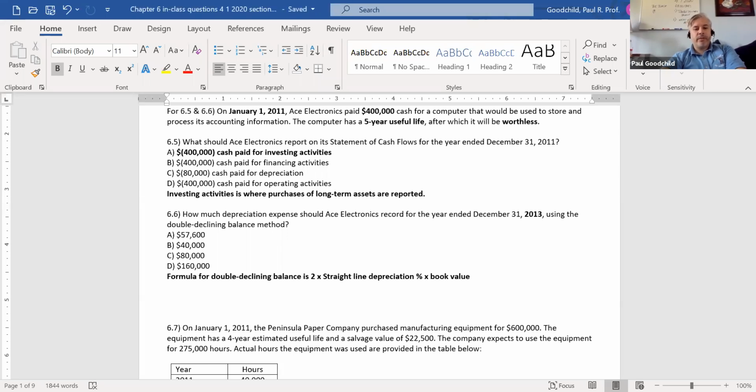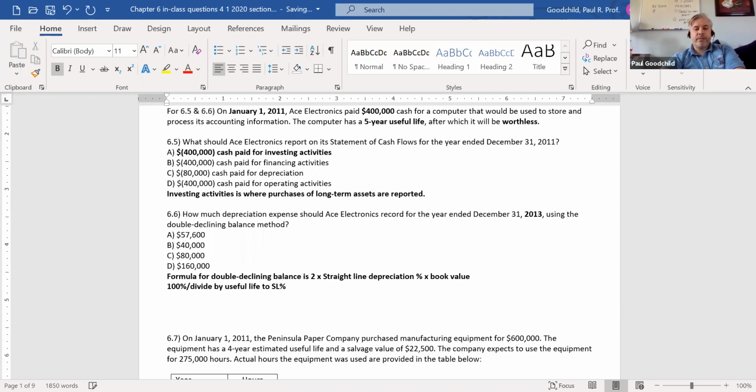And so if you think of anything as 100%, what you have to do is divide by the useful life to get the straight line percent. So in this case, 100% divided by 5 years equals 20% per year.